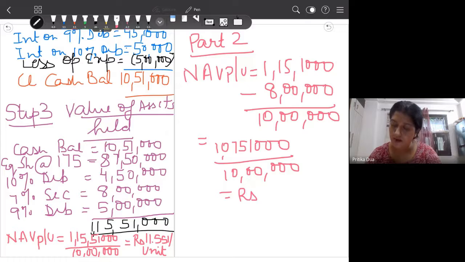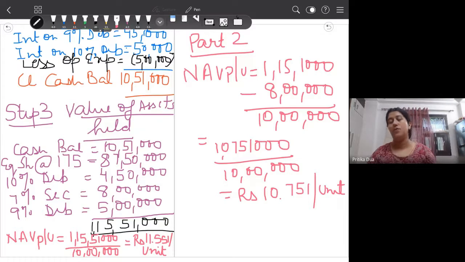So rupees 10.751 per unit would be the NAV when you are distributing a dividend of rupees 8 lakh. Please check the calculations.